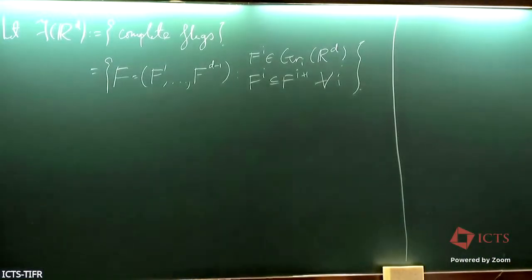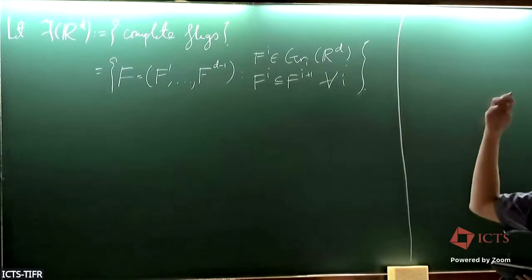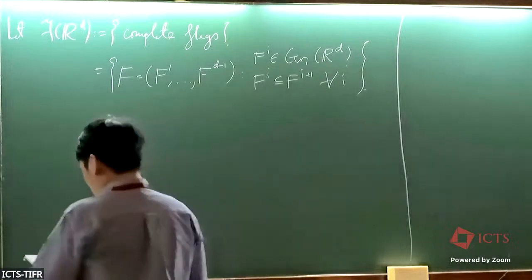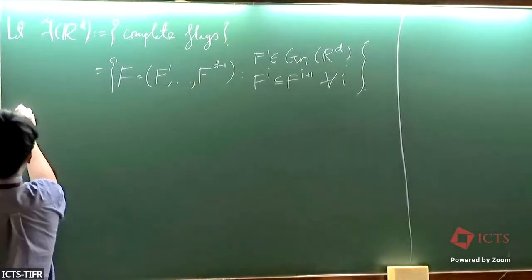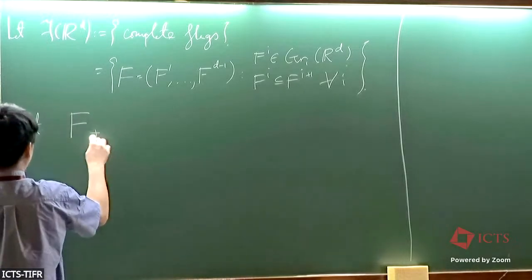So there's a natural manifold structure here, and this is a compact manifold, which is SL(d,R), PSL(d,R) homogeneous, okay? Inside of this flag manifold, I'm going to have two special flags, which I'm going to denote by F plus and F minus.